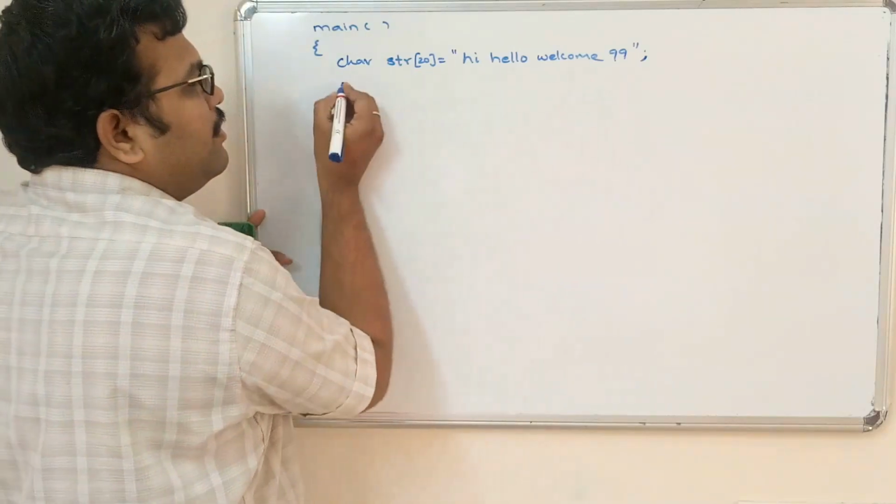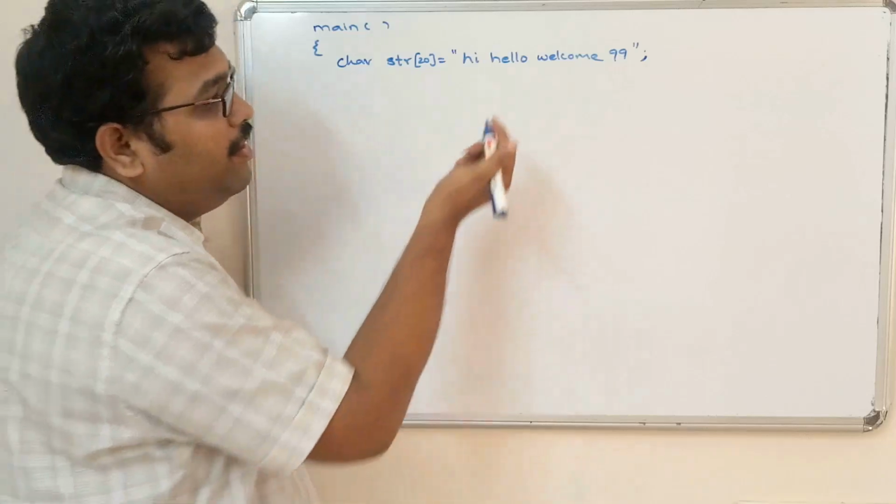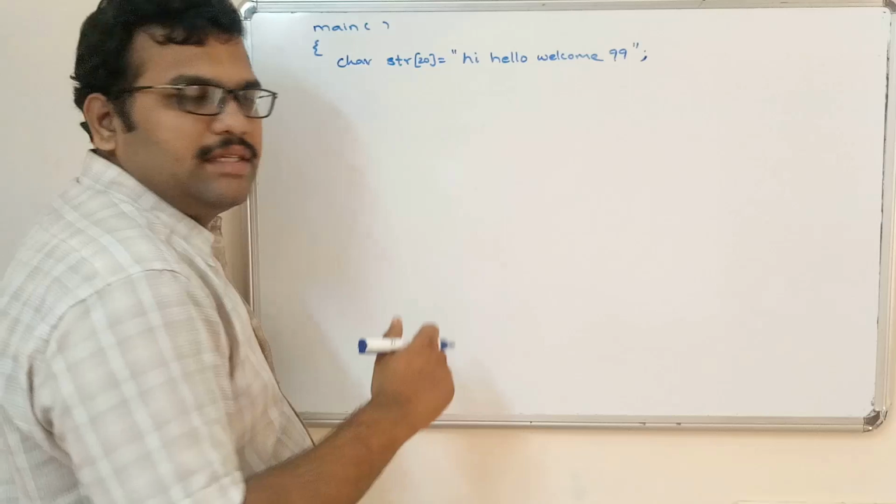Then first we have to start the loop, I mean first we have to compare each character with the vowels.